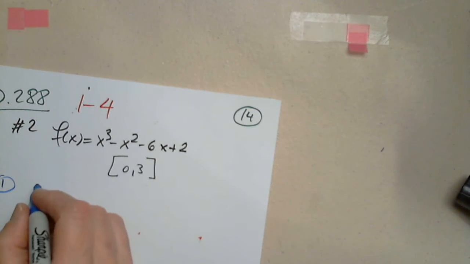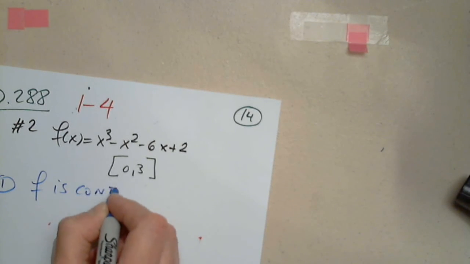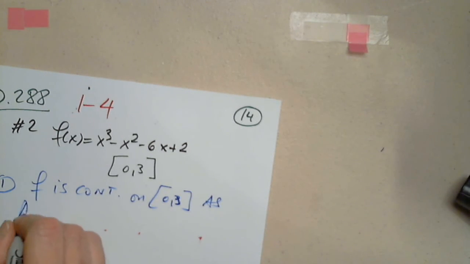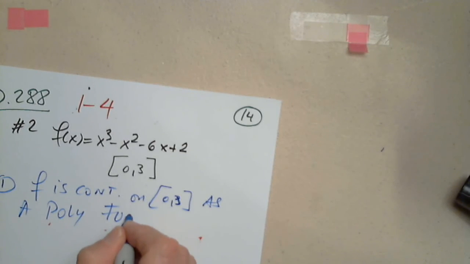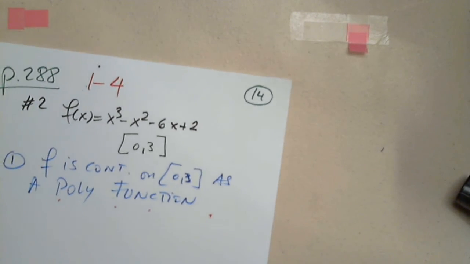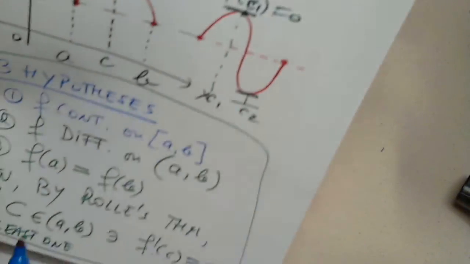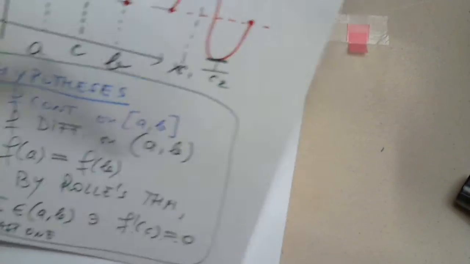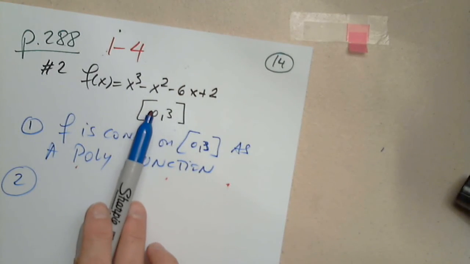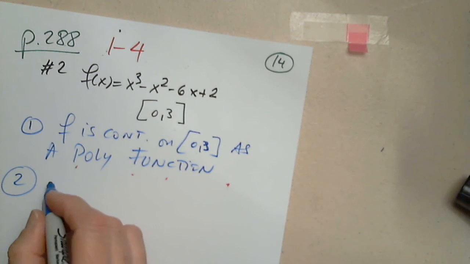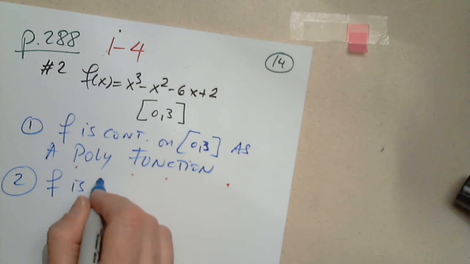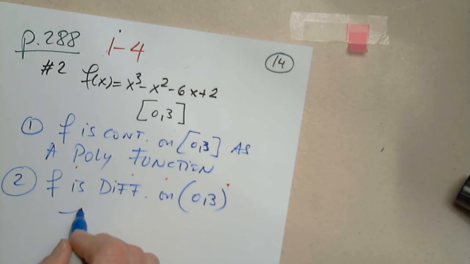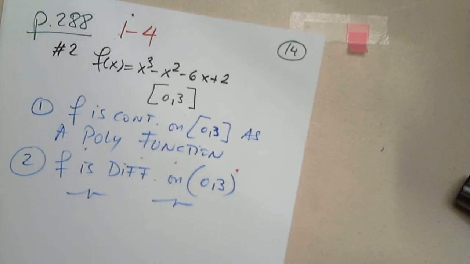That's all I wanted you to say. f is continuous on [0, 3] as a polynomial function. 2. Is this function differentiable on (0, 3)? For the same reason. Number 3.